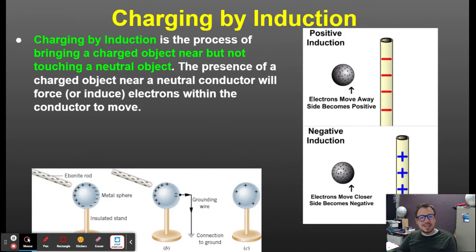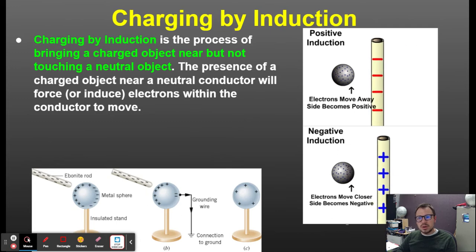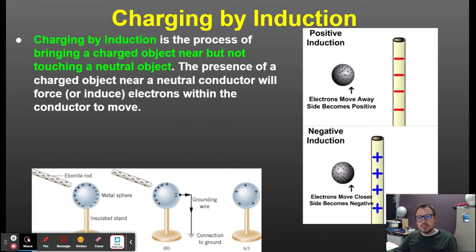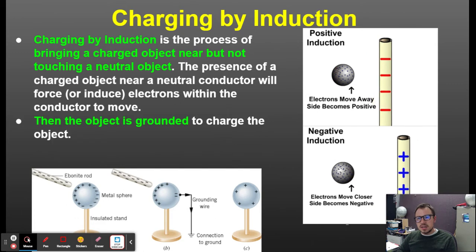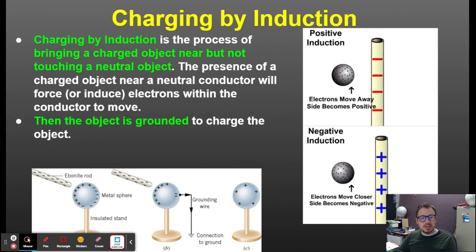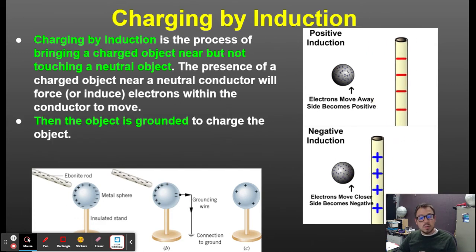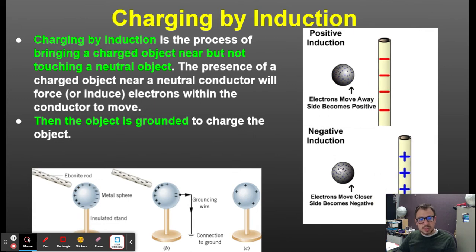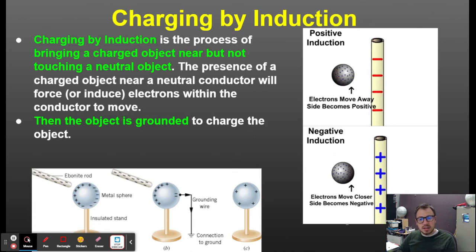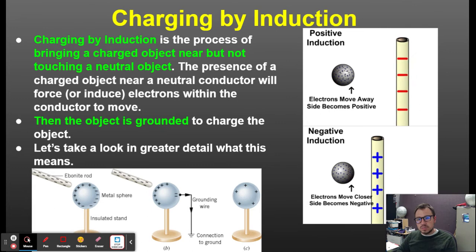Then we have charging by induction. This is the complicated one. It's bringing a charged object near but not touching the neutral object. Then the object will be grounded to either take those excess electrons away or add electrons, depending on the charge of that rod. Now, what is grounding?